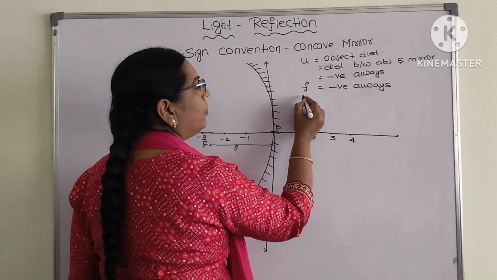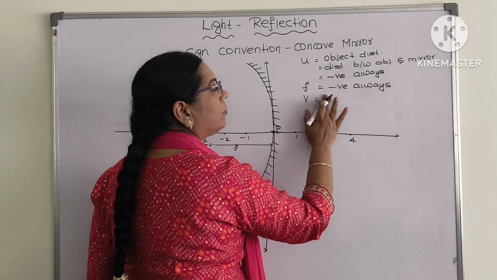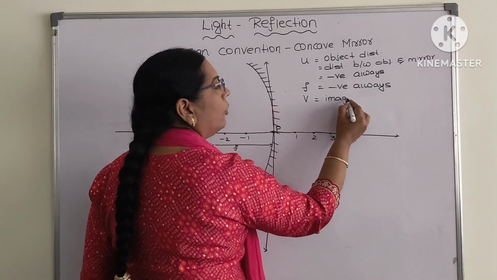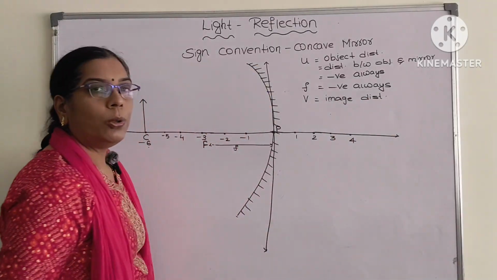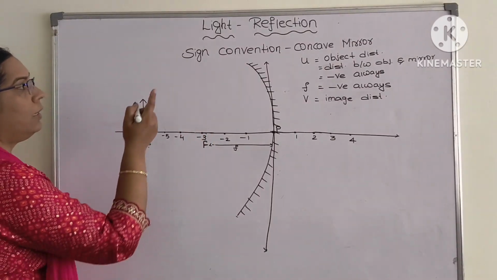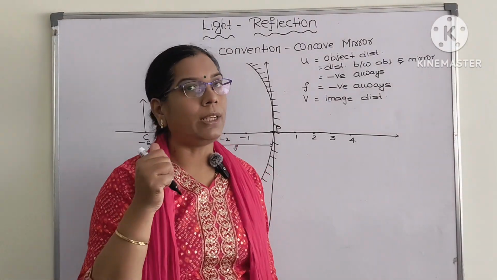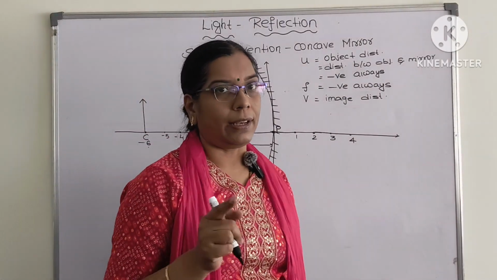Now, let us come to v. What is v? v is the image distance. You should know, children, that a concave mirror forms two types of images. One is real and inverted and the other one is virtual and erect.